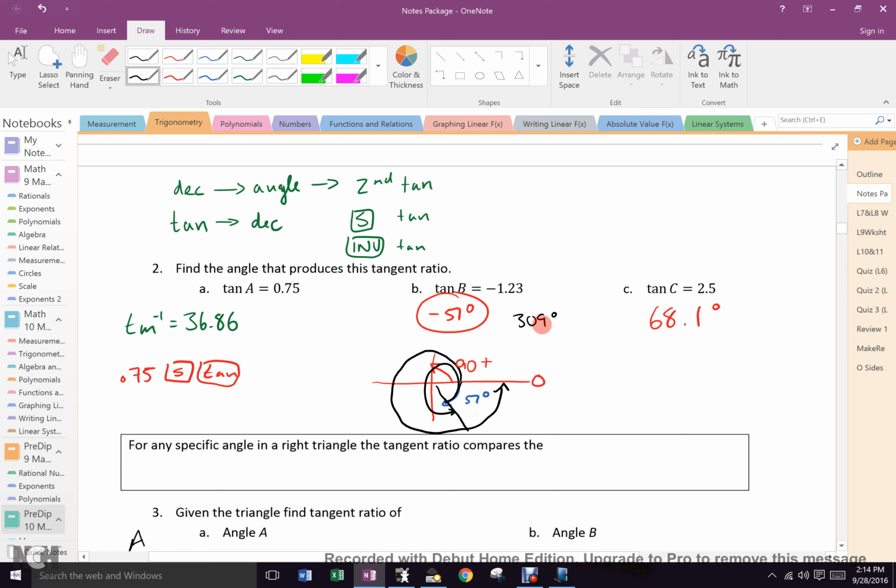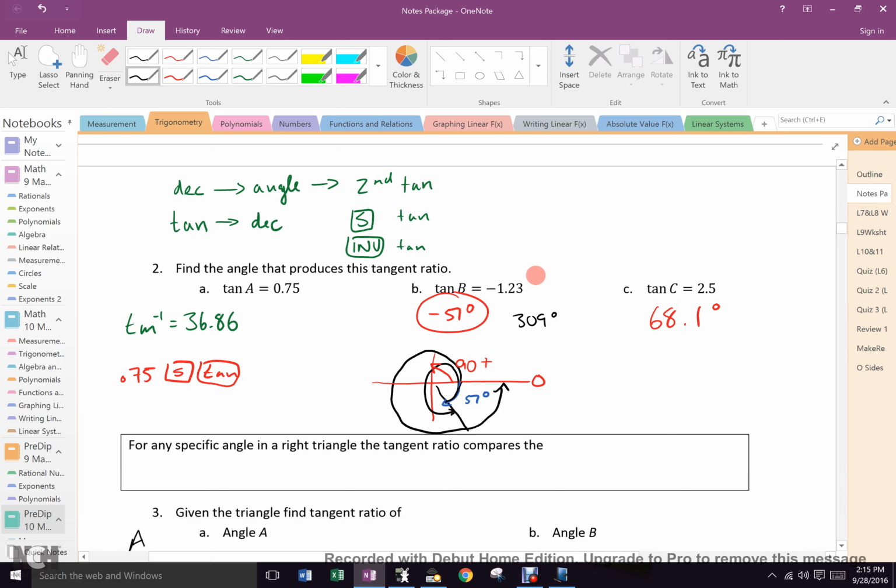Now, if you check the tan of 309, guess what it's going to be? Negative 1.23. Cool? We're going to do more with that later. I just want you to be aware that negative angles exist, because up until now, I'm betting none of you have ever thought or seen a negative angle.